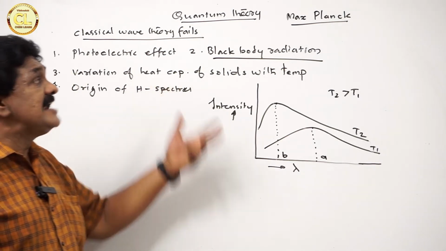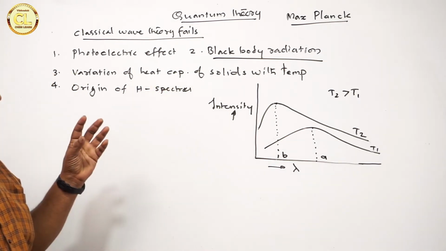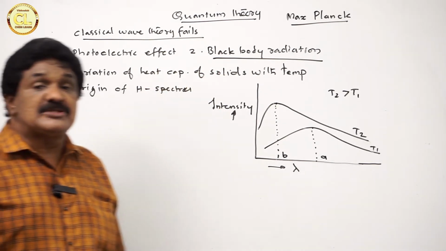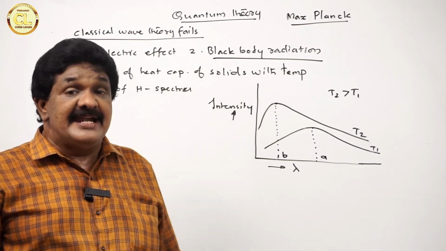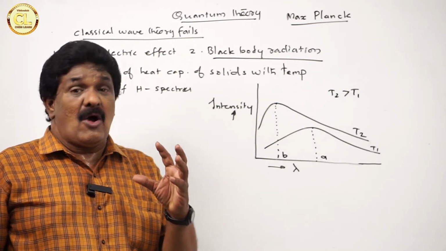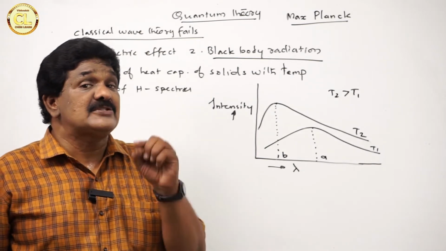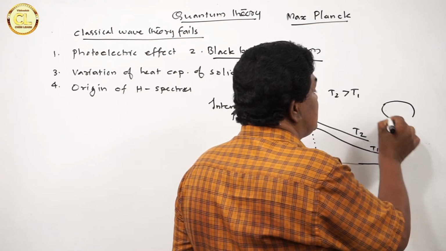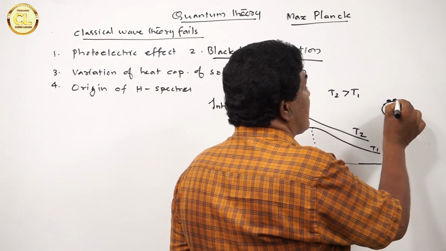In order to explain this, Max Planck suggested that the absorption or emission of radiations takes place due to the oscillators or atoms in the surface of the black body.